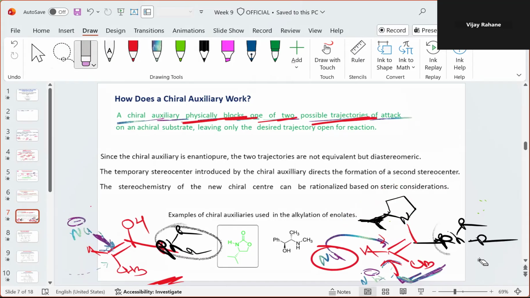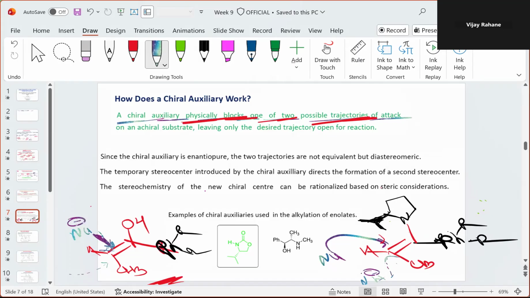What the chiral auxiliary has done is block the attack from the top side, and therefore only attack on the bottom side is feasible in this case, and we get the selective attack on the bottom side, and we get the respective product as the major product. So this is how the chiral auxiliary works.